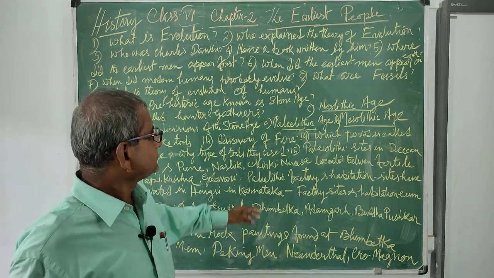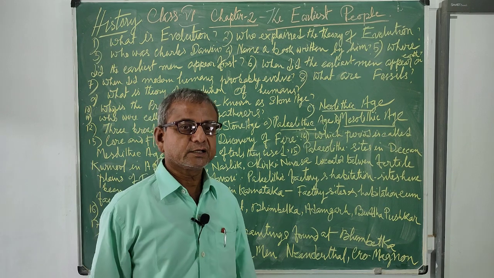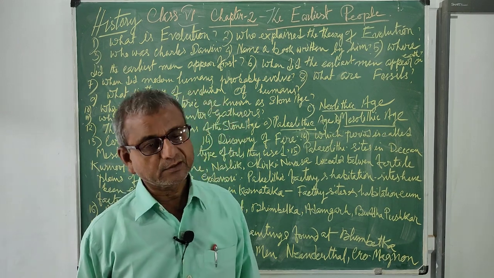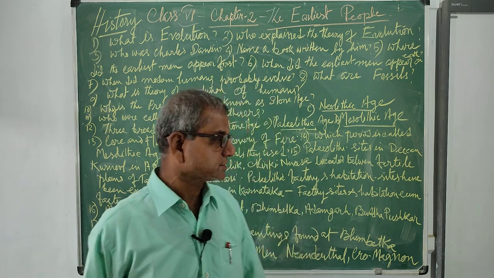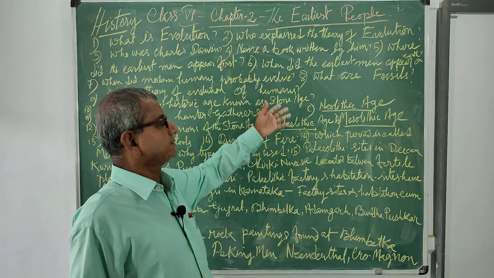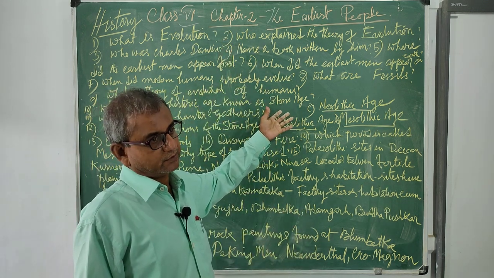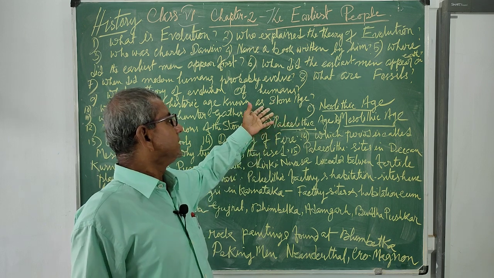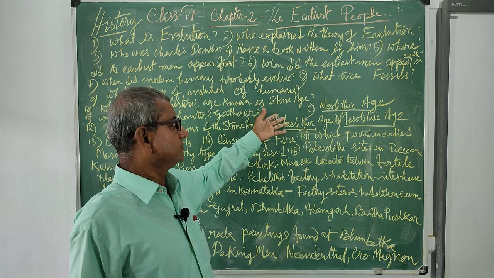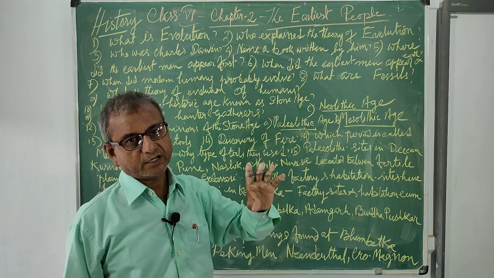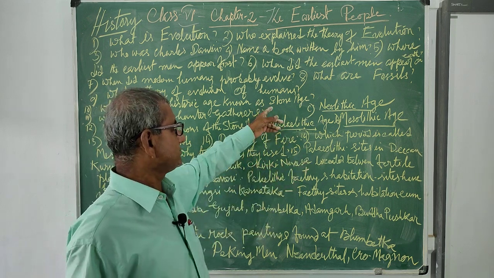Because in the prehistoric age, primitive man extensively used stone tools, and different types of tools were used, and there was no use of metal at that time. They were crude and unpolished tools, that's why it was known as the Stone Age.